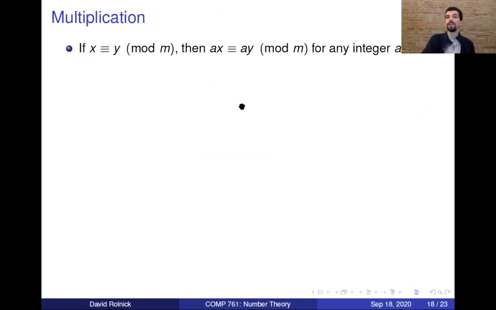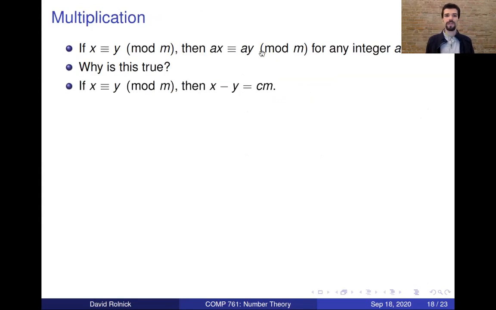Multiplication. Multiplication also works really nicely. If two things are equal mod m, then you can multiply them by any integer and they're still equal. Why is this true? Well, for a similar reason. If you have two things that are equal mod m, then their difference is a multiple of m.